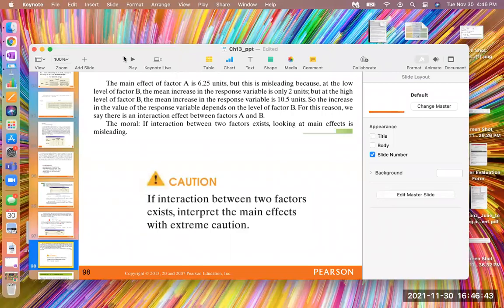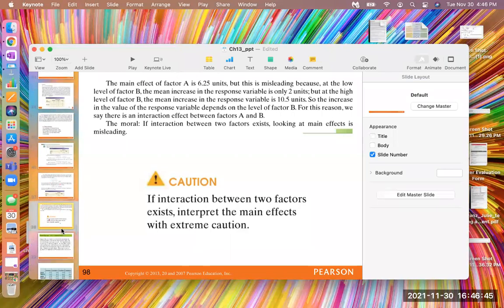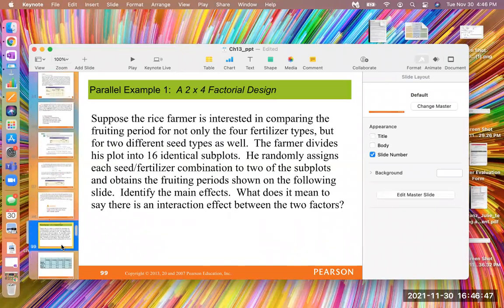So let's look at the next slide here. So let's see an example. We're going to see a full 2-way ANOVA test and how to actually look at the results. Suppose the rice farmer is interested in comparing the fruiting period for not only the 4 fertilizing types, but for 2 different seed types as well.